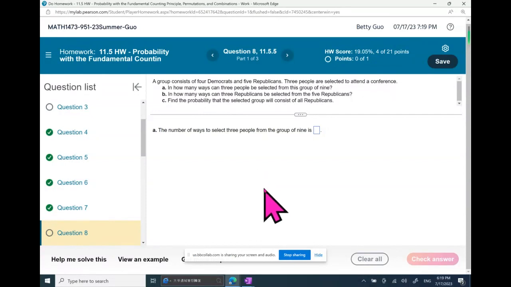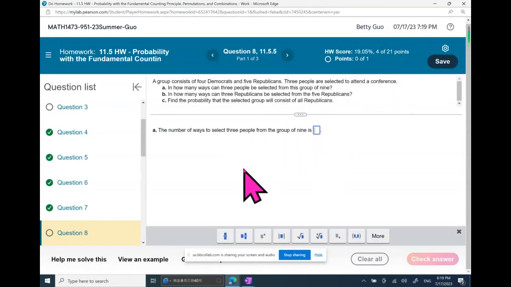Question number 8. A group consists of 4 Democrats and 5 Republicans. 3 people are selected to attend a conference. We are going to complete the following 3 parts. The number of ways to select the 3 people from the group of 9. Is this a permutation or a combination?